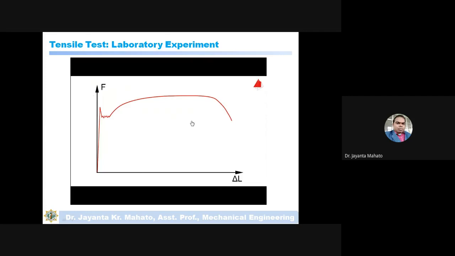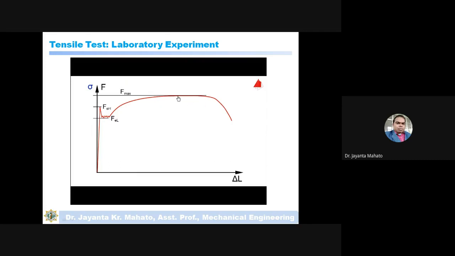This is actually the force-elongation diagram, and from this you can calculate the following. This is the upper yield force, and from this force you can calculate the upper yield limit. This is the lower force, and from this lower force value you can calculate the lower yield value.